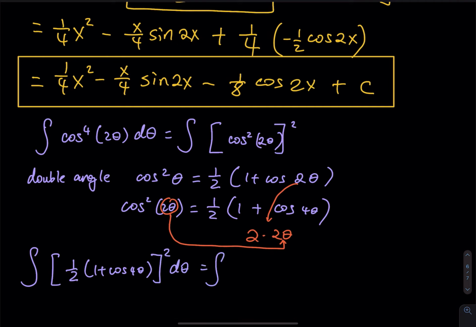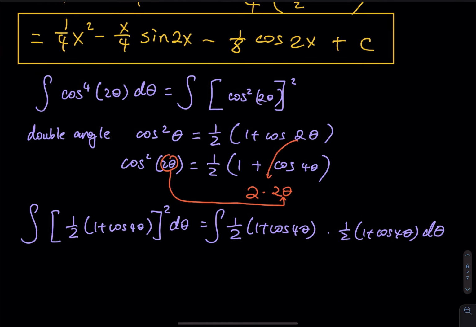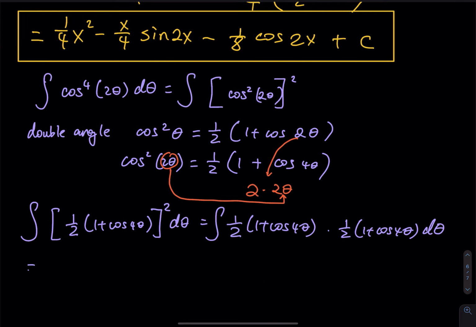Then you have 1/2 times 1/2 is 1 over 4. I will just write everything out: 1 plus cosine of 4 theta multiplied by itself, and then d theta. And then you fully open up everything. So 1/2 times 1/2 is 1 over 4.